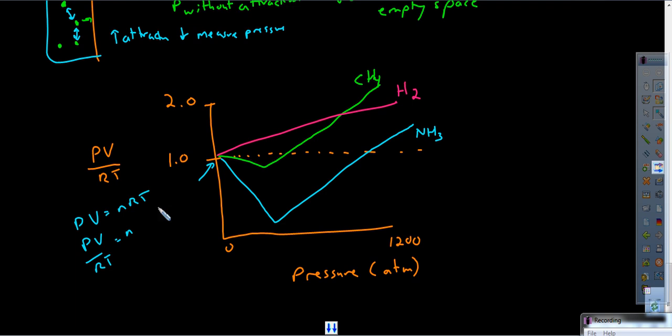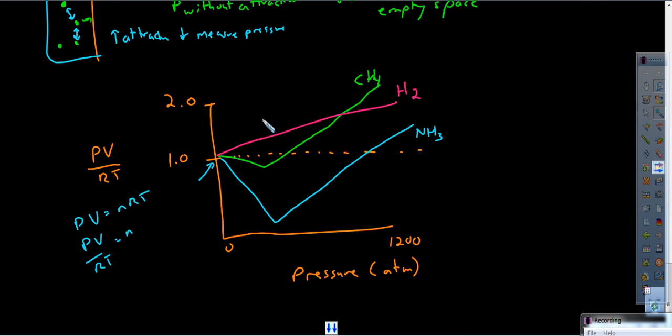So assuming that we have 1 mole of gas within a container of volume 1 liter, we should have this ratio of 1. But as you increase the pressure, you will be leaving ideal gas conditions. And hence, your ratio here will change, hence that PV is equal to nRT equation breaks down.